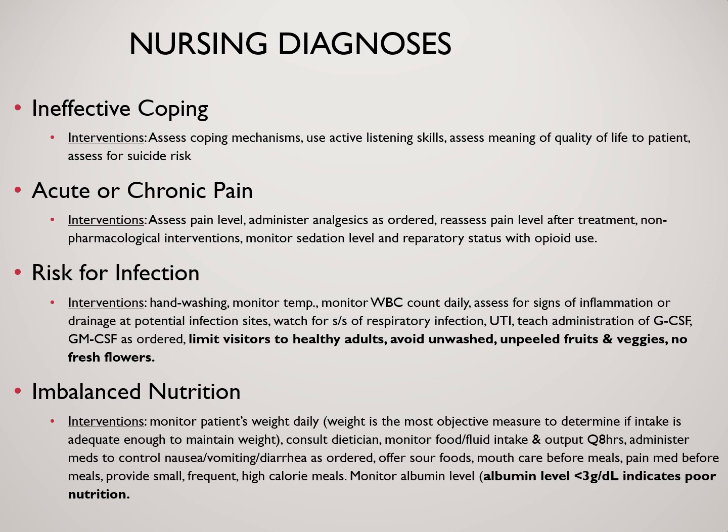Monitor their body temp every 4 hours or per protocol, like per your orders. However often your doctor wants you to check their vitals, that's what you're going to do. Monitor their white blood cell count and their CBC daily for the signs of bone marrow suppression.